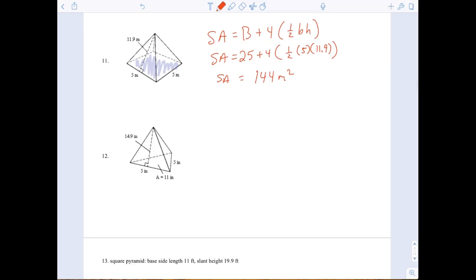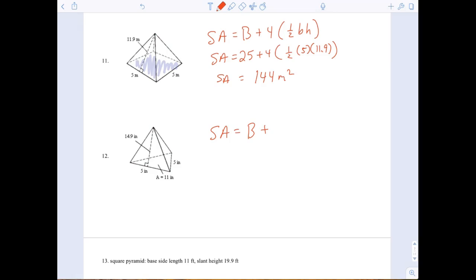All right. So now, area of the base plus how many triangles are on this? How many sides on the triangle? 3, right? Right. I didn't say there's not 4 sides. I said there's 3 triangles.